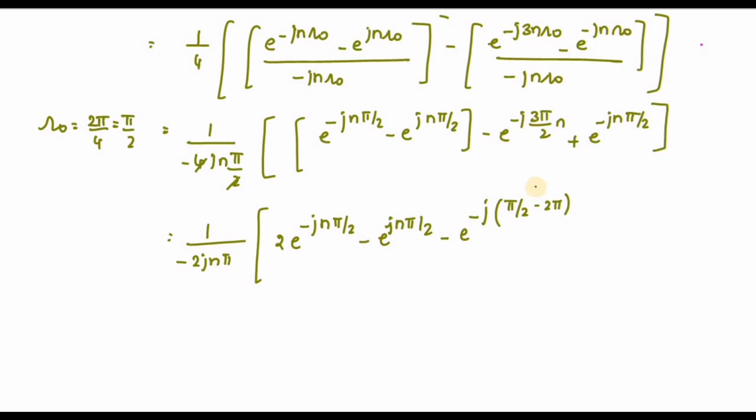So this becomes minus 3 pi divided by 2, right? Plus e power, this one gets added with this one.